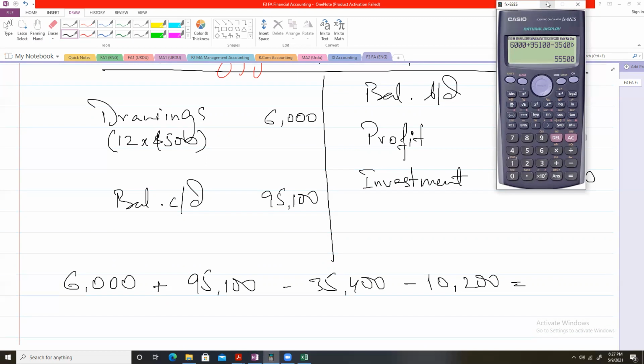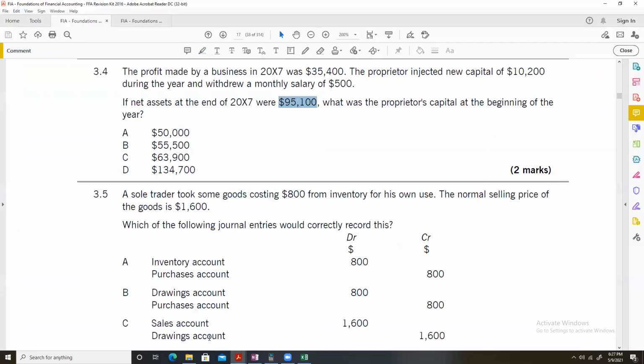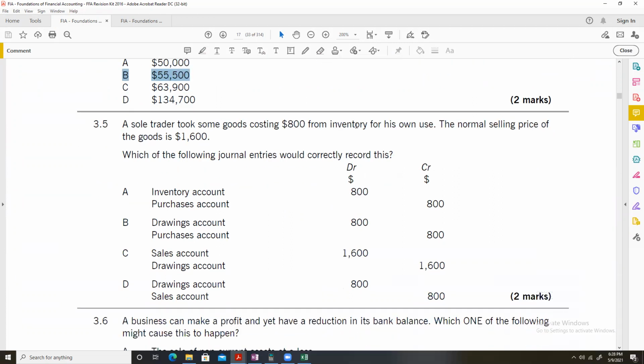The answer is 55,500. So the missing figure, the opening balance, is 55,500. This is the answer.